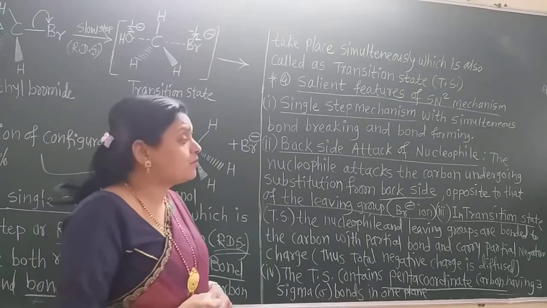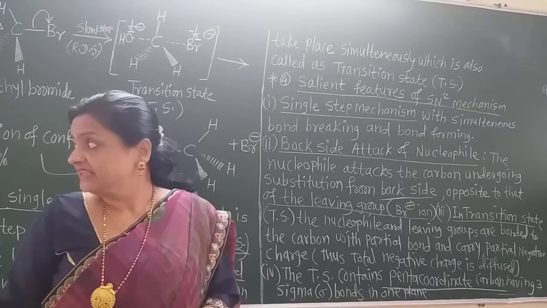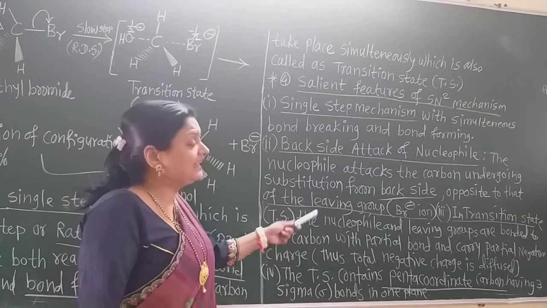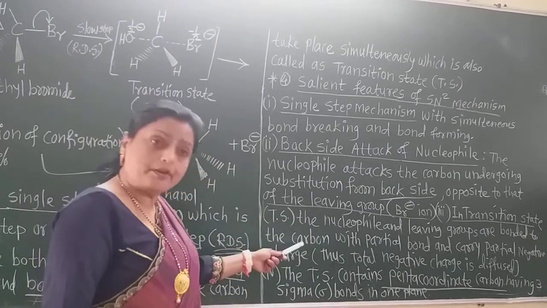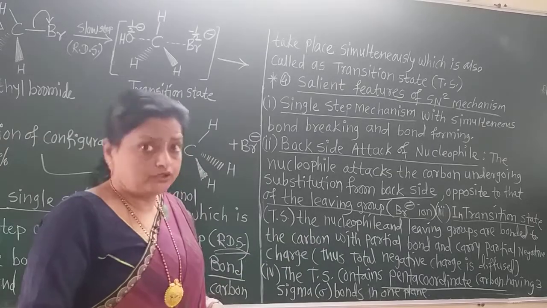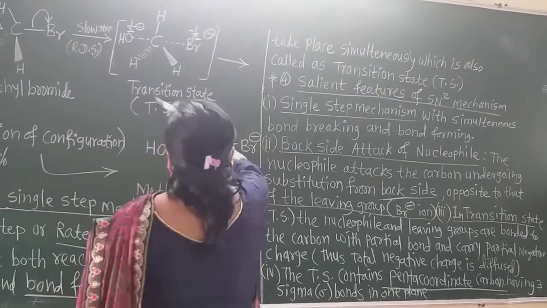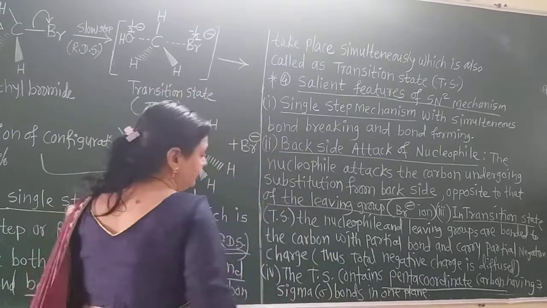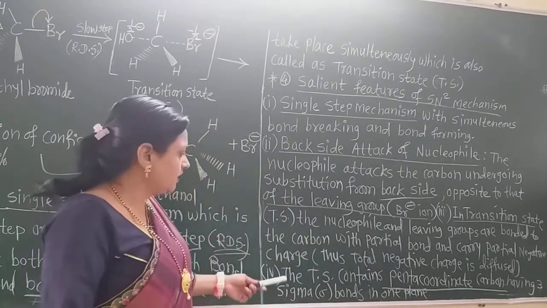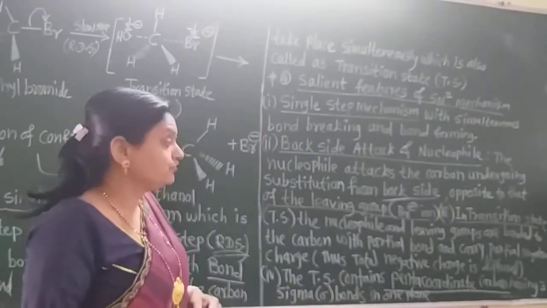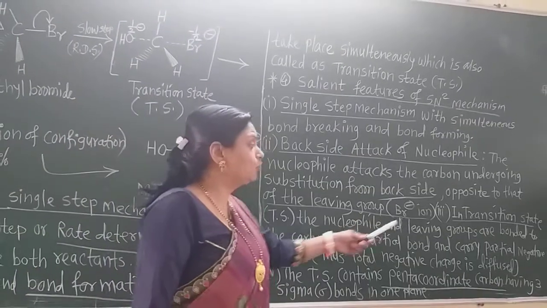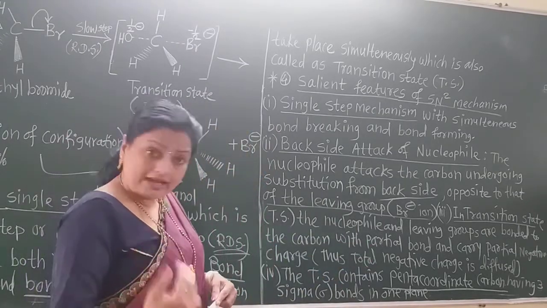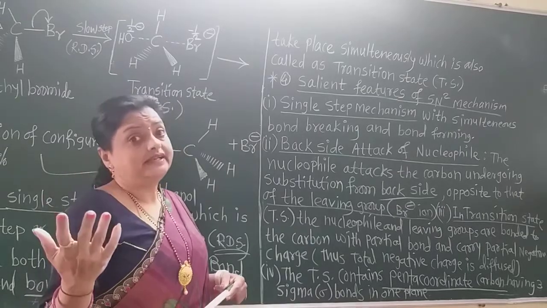Now the third point is the transition state, that is the TS. The nucleophile and the leaving group are bonded to the carbon with partial bonds.